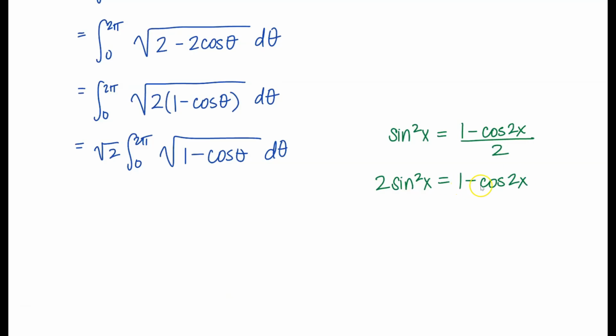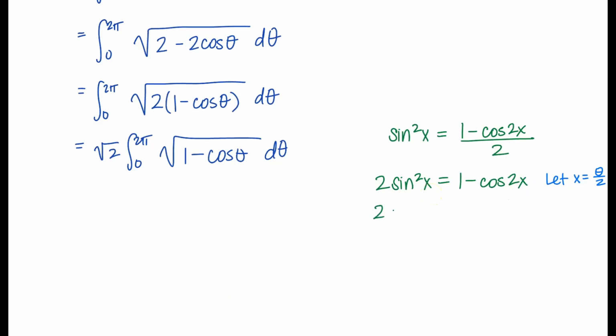Okay, I'm getting closer. This right-hand side, 1 minus cosine 2x, I need it to be 1 minus cosine theta. So what we're going to do is a little bit of a substitution. So we're going to let this x be theta over 2. If this is truly an equation, I should be able to substitute x into both sides of the equation, and it will still hold true. So let's replace x with theta over 2.